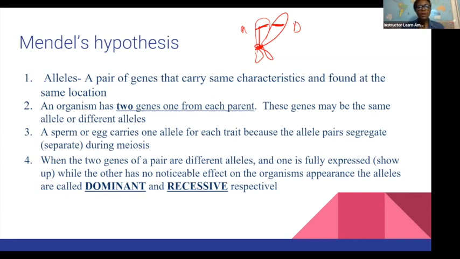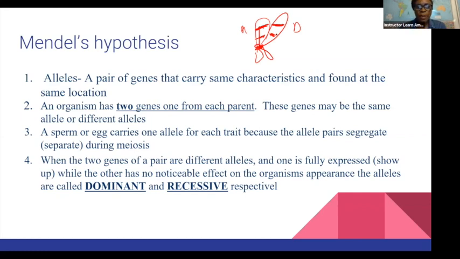All right, a sperm or egg cell carries one allele for each trait because the allele pairs segregate during meiosis. So you're going to have one allele for hair color, all right? You'll have eye color, etc. You get the point.